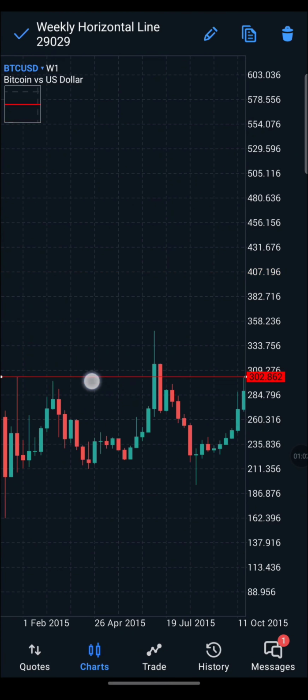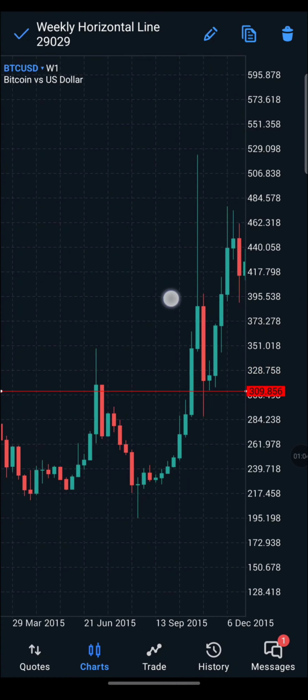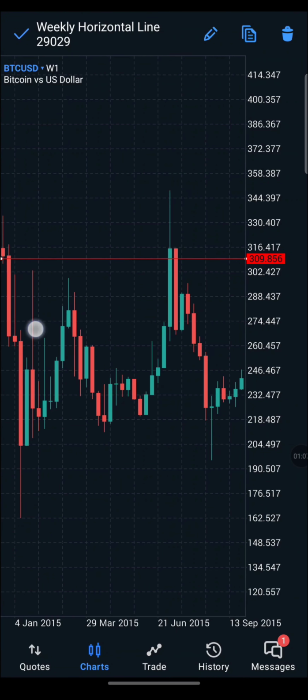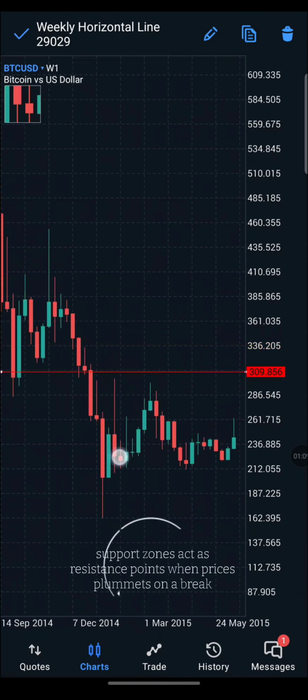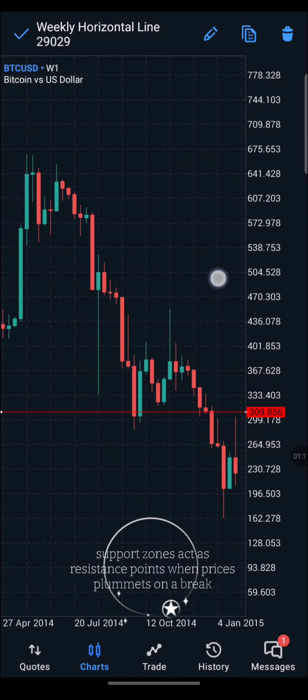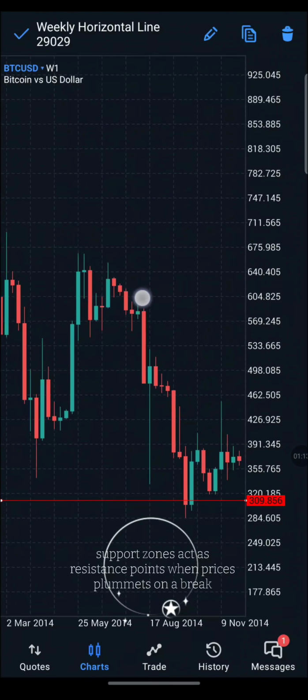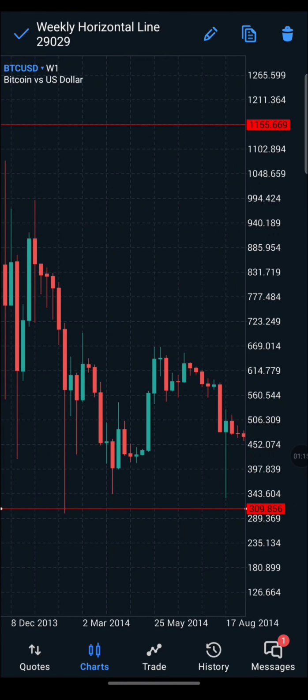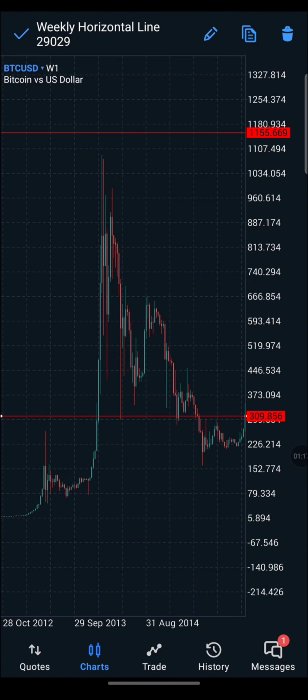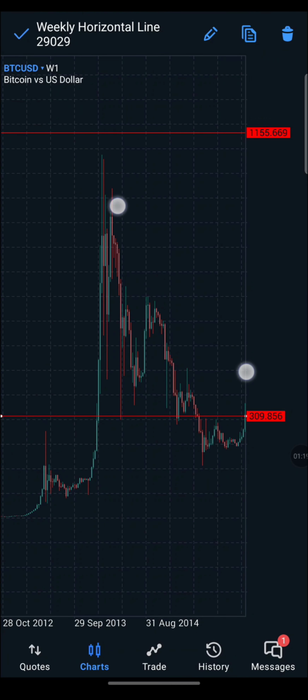As we can observe here, also see that this point becomes a resistance once there is a breakaway in terms of how the market is moving. Example, here we see we've got a downtrend. See, the market is going to a downtrend here.